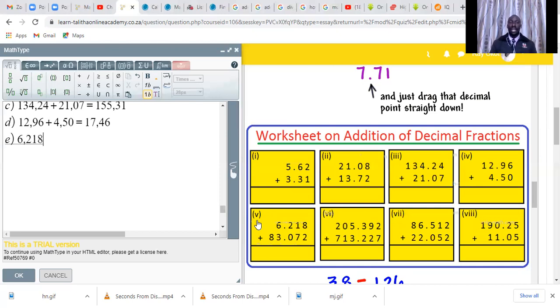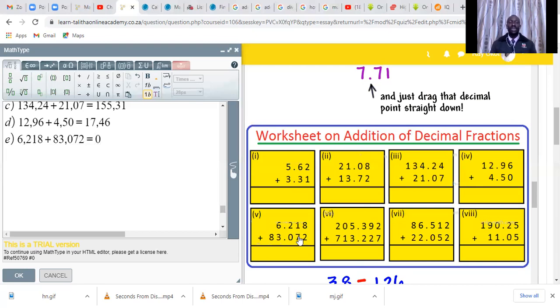And this value is being added to 83.072. So how do we add? Well, it's already arranged. So we add 8 to 2. When we add 8 to 2, we get a 10. So we write 0 and carry forward 1.